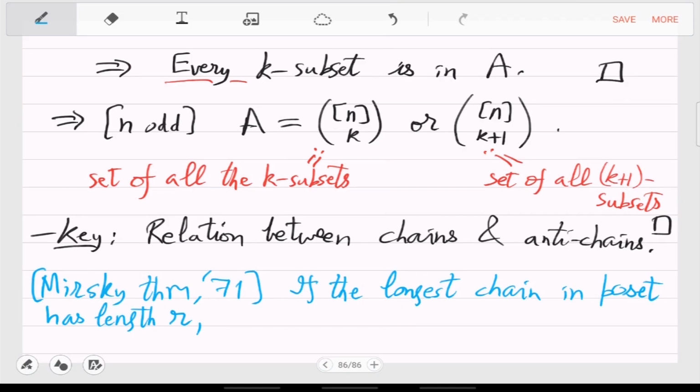In general, for a poset, if the longest chain has length r, then you can partition the poset into r anti-chains.